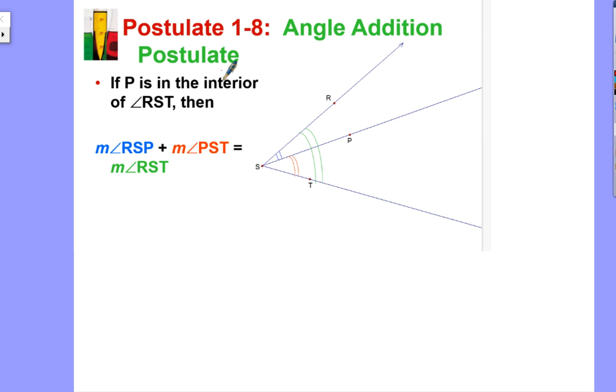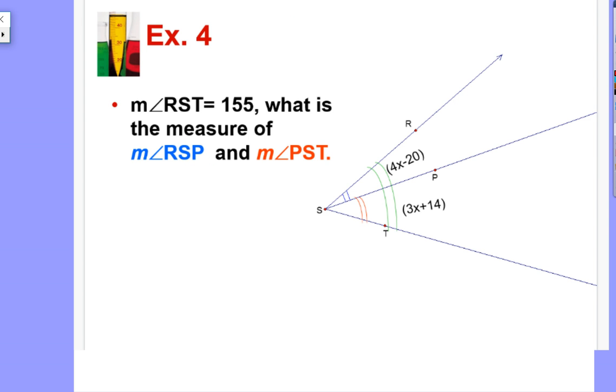But what the angle addition postulate says is that if I have a big angle RST, then I could say that RST is equal to the two smaller angles added up: RSP plus PST will equal RST.